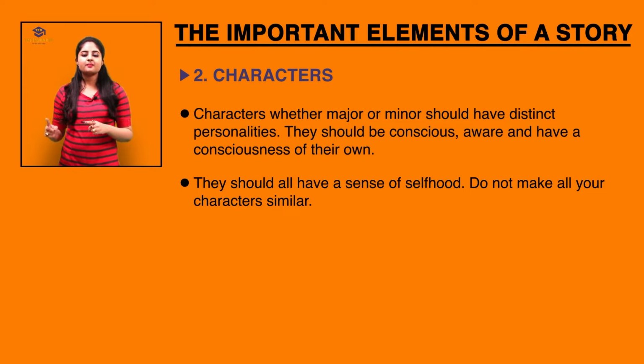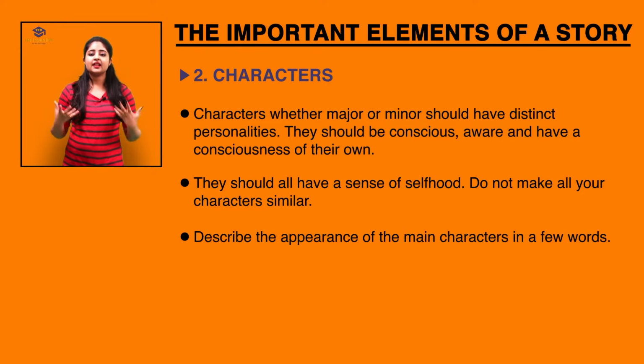Another very important point when it comes to character building and character development is to use a few appropriate words to describe the appearance of your main characters at least. Just one or two words or features like she had brown glassy eyes, or stiff black hair, or he had a button nose.